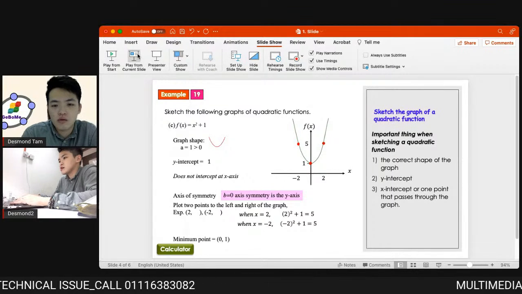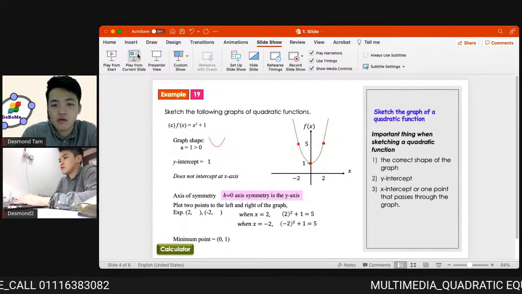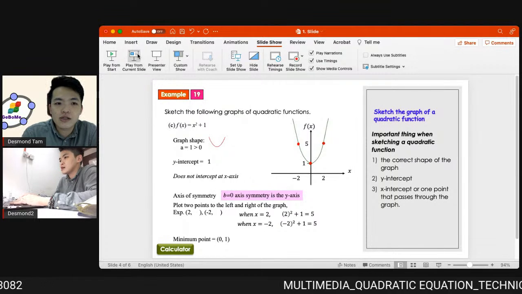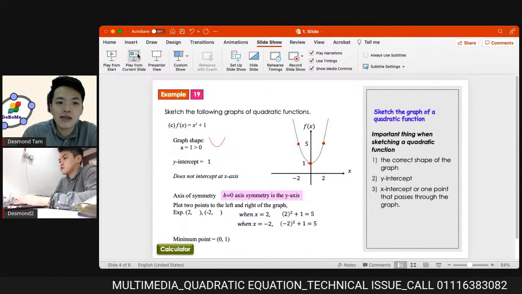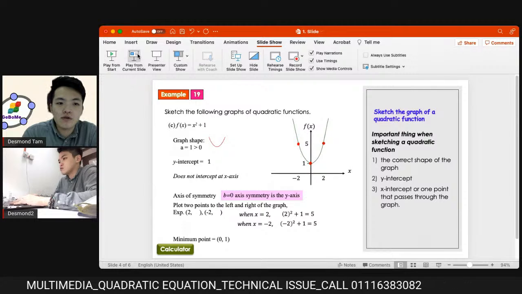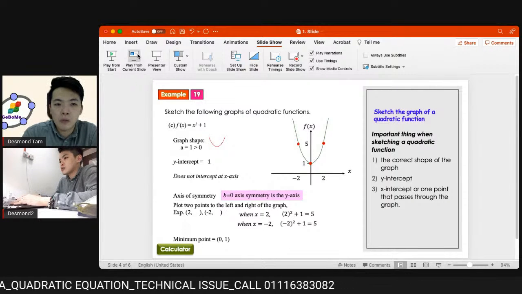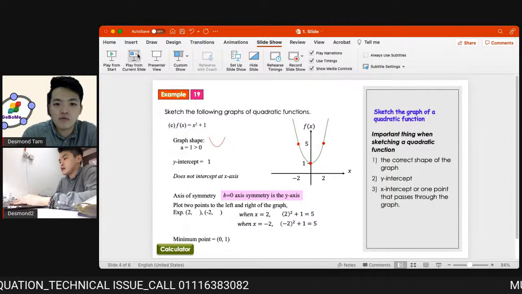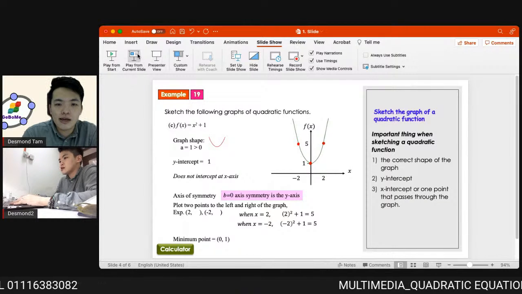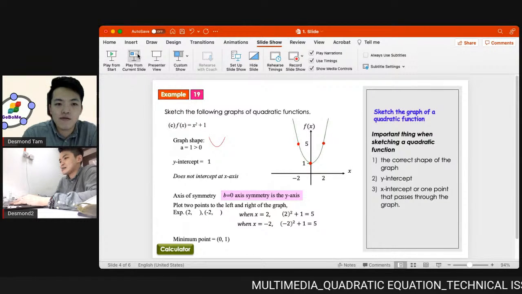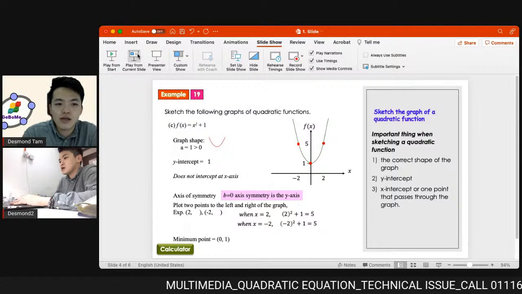So that is the example. The graph shape is a is bigger than 0, and then the y-intercept is equal to the constant in the question. So the y-intercept is 1. And then after that, we draw the graph. It does not touch the x-axis, okay?